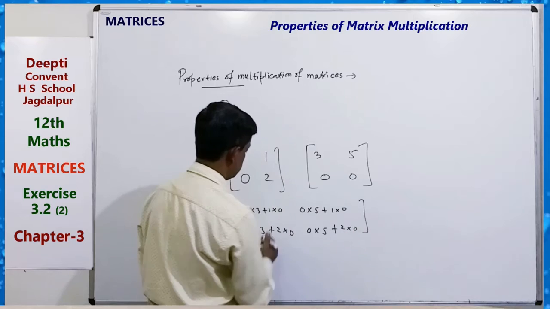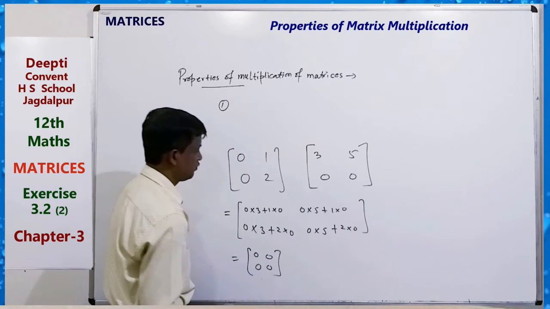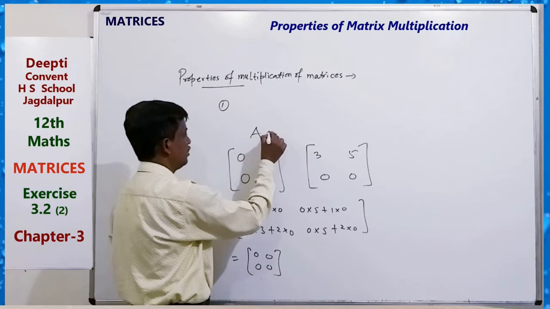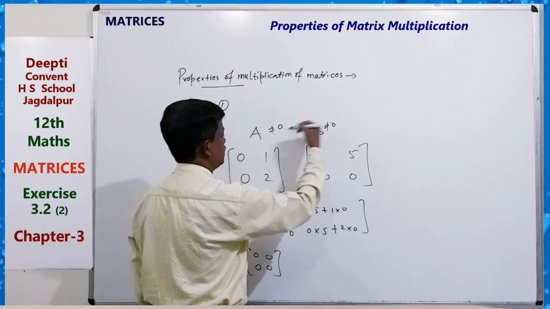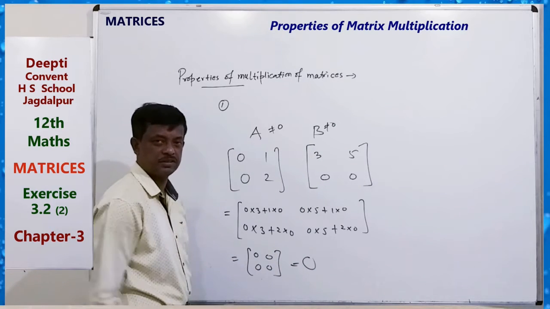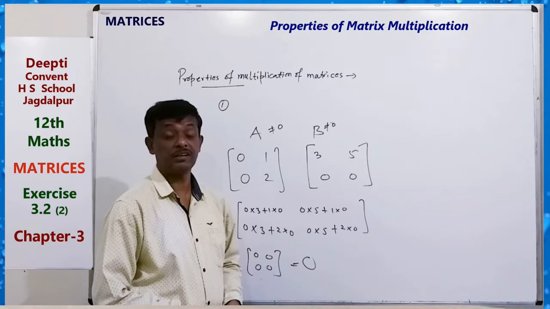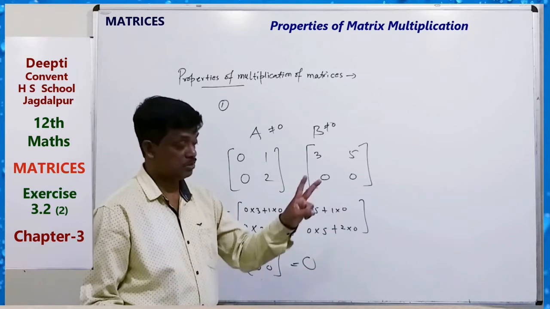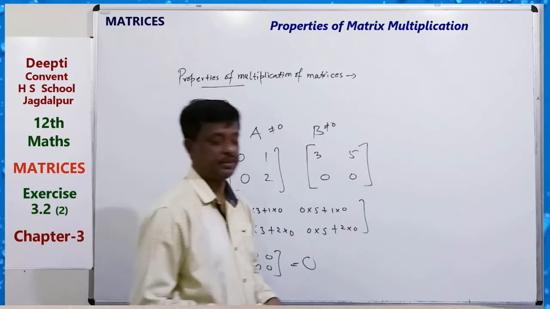So what is this? The 0 matrix. This is A, this is B, non-zero matrices, and we are getting a 0 matrix. So for matrix multiplication, there exist non-zero matrices whose product is a 0 matrix.